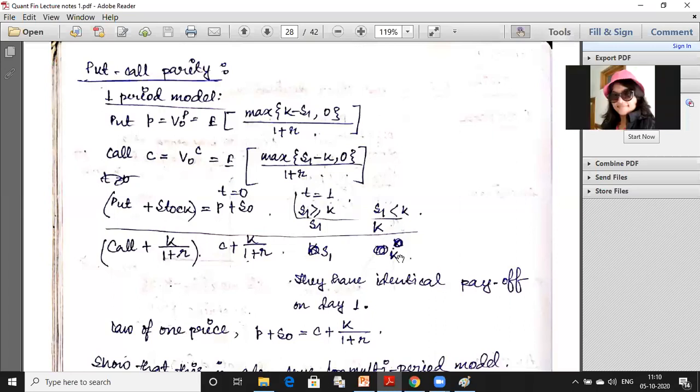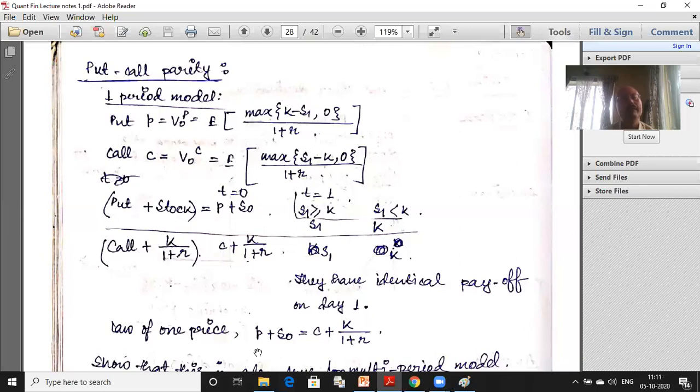So do we start with the same price at T equal to 0? Same price for what? The same portfolio value? Yeah, that is the conclusion. That's the next line here. Law of one price will force the value at date 0 to be also the same.